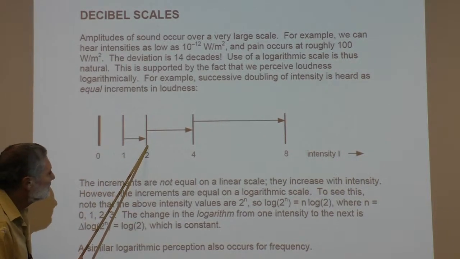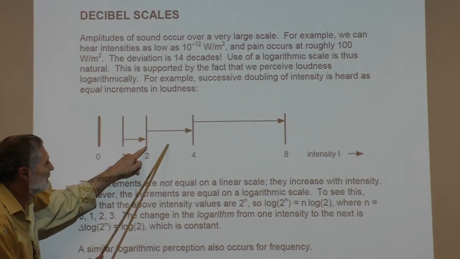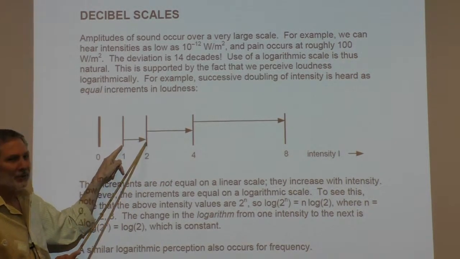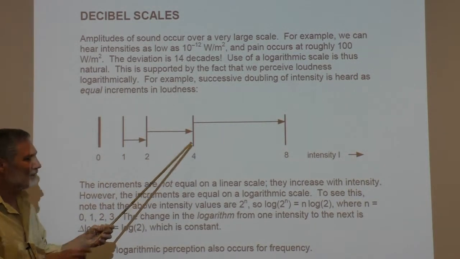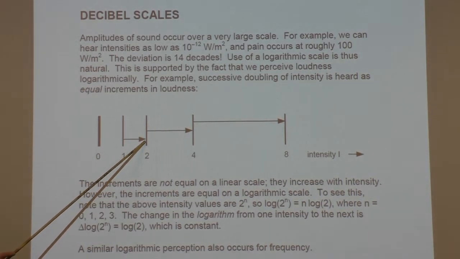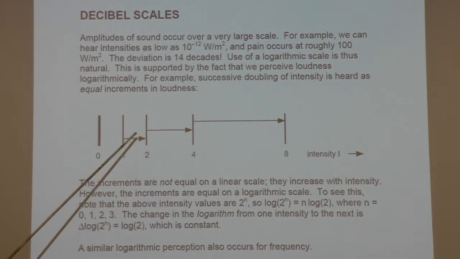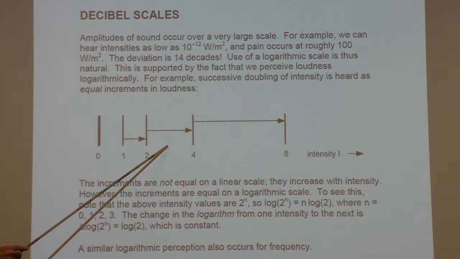If I then go to 3 times the intensity, I go from here to here, you won't hear that as the same amount as going from here to here. You'll hear it as less. I have to go to 4, okay, for you to hear the increase in loudness here. For it to sound the same as the increase here, you've got to double this intensity, all right?